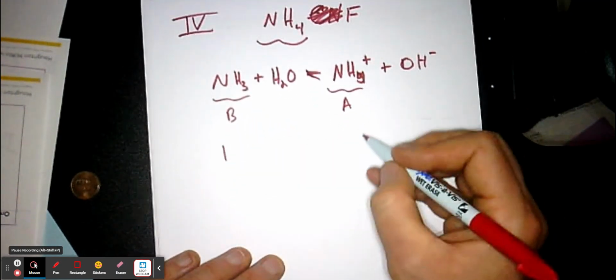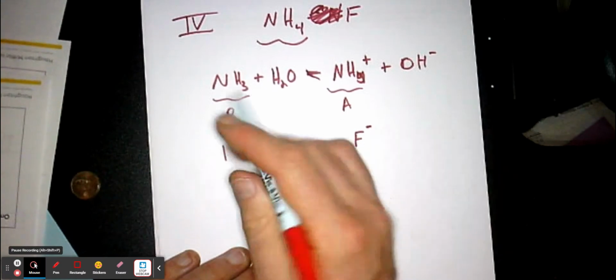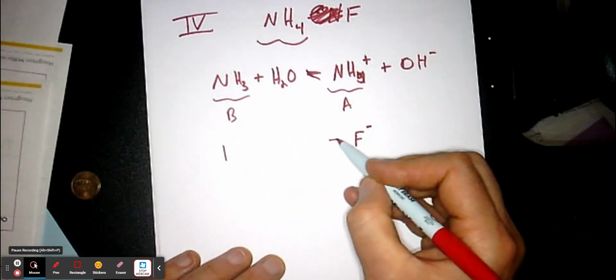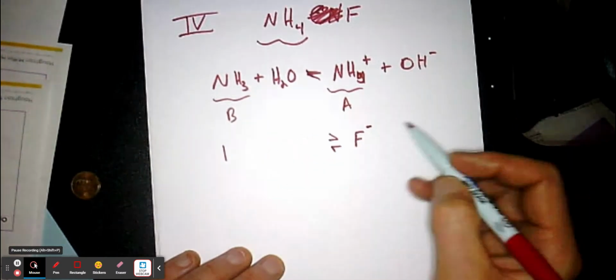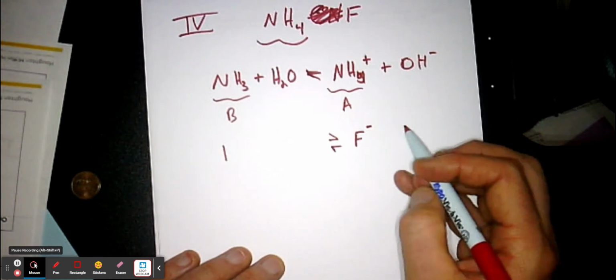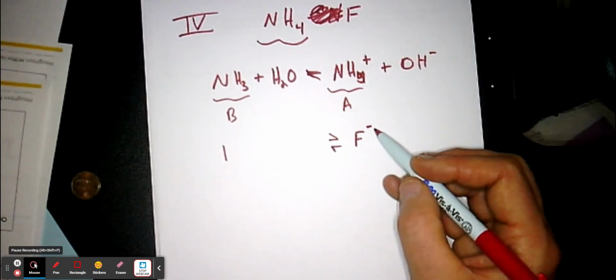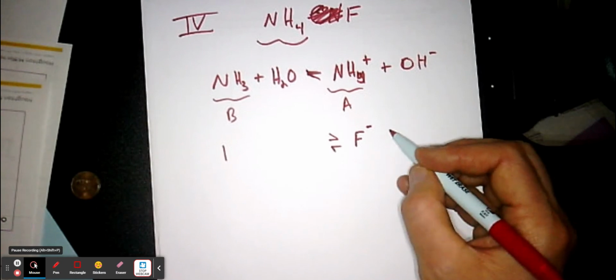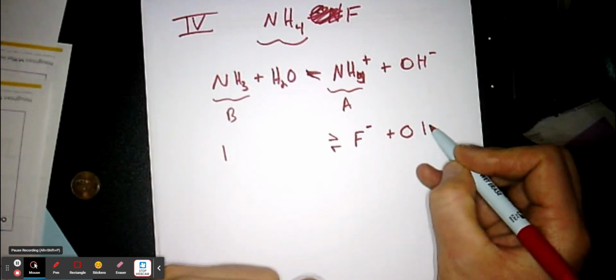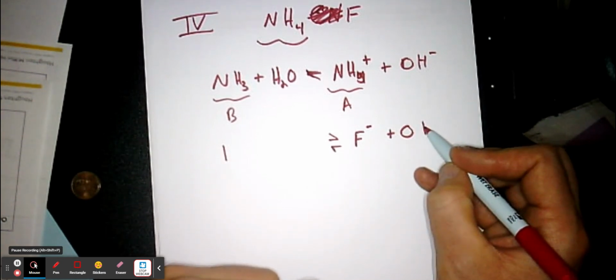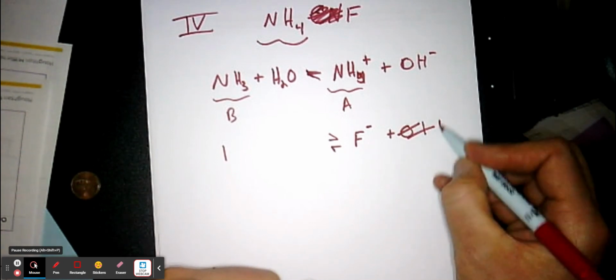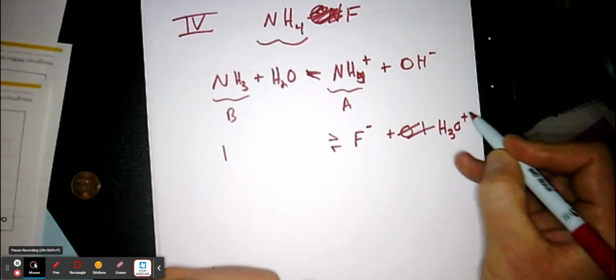And then fluoride ion, what is that? Is fluoride an acid or a base? Well, it's negative, so it's probably going to accept a proton from this.